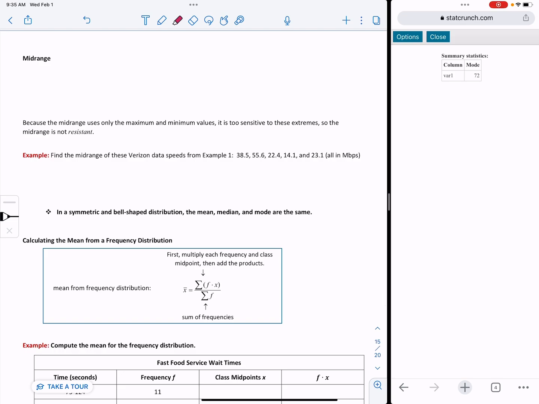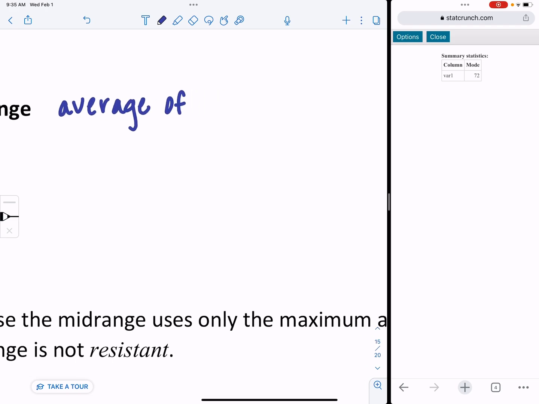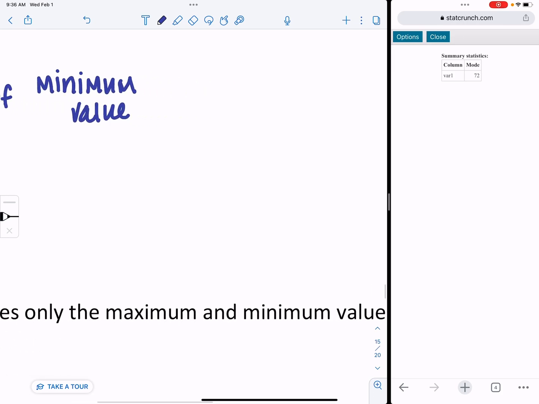After the mode, we are going to look at our last measure of center. That is the mid-range. The mid-range is the average of the minimum value and the maximum value.